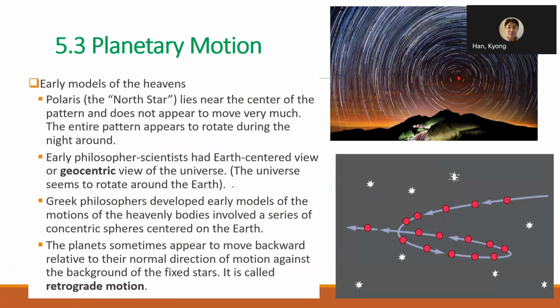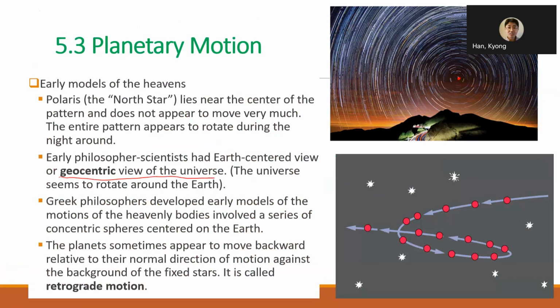Early philosopher scientists had an Earth-centered, or geocentric, view of the universe. Galileo famously claimed that the Earth orbits the sun, but the Roman Catholic Church claimed no, the Earth is the center and the other planets or stars orbit around the Earth.